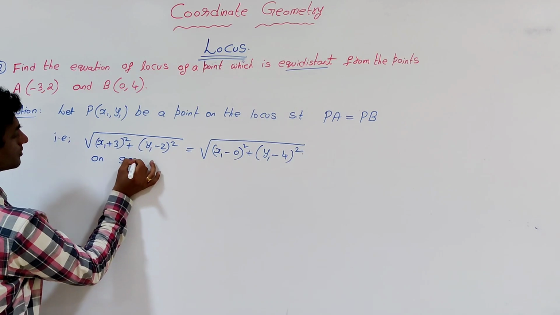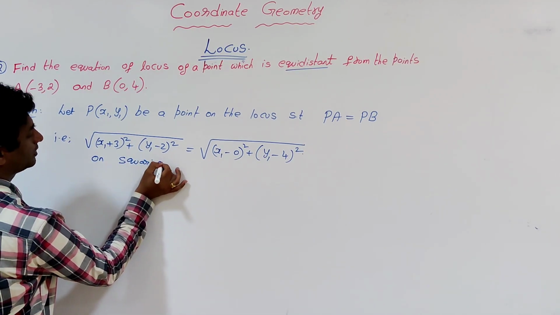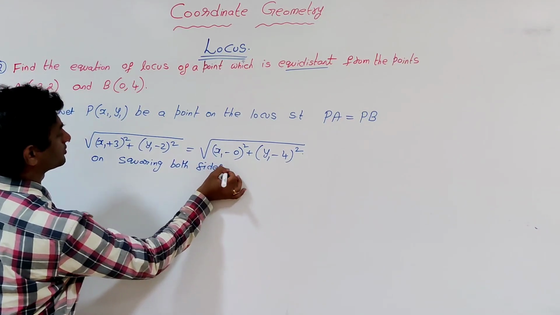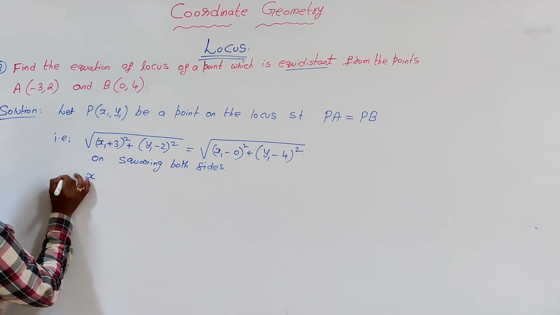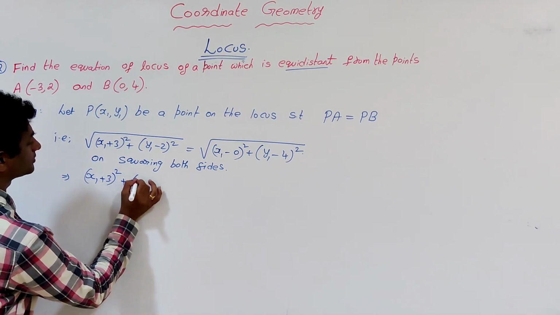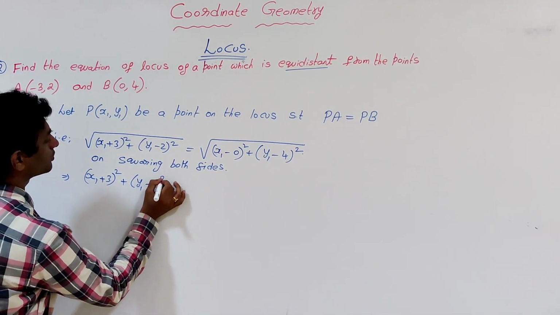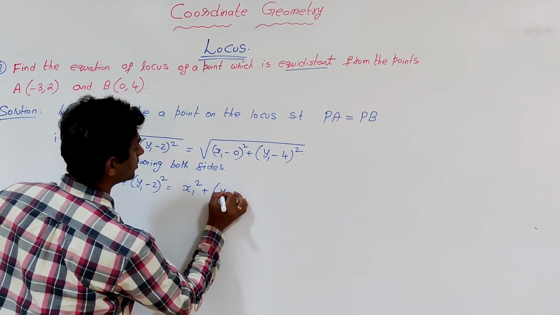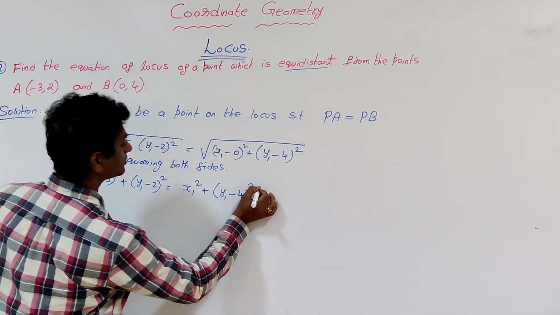On squaring both sides, we get (x1 + 3) whole square plus (y1 - 2) whole square is equal to x1 square plus (y1 - 4) whole square.